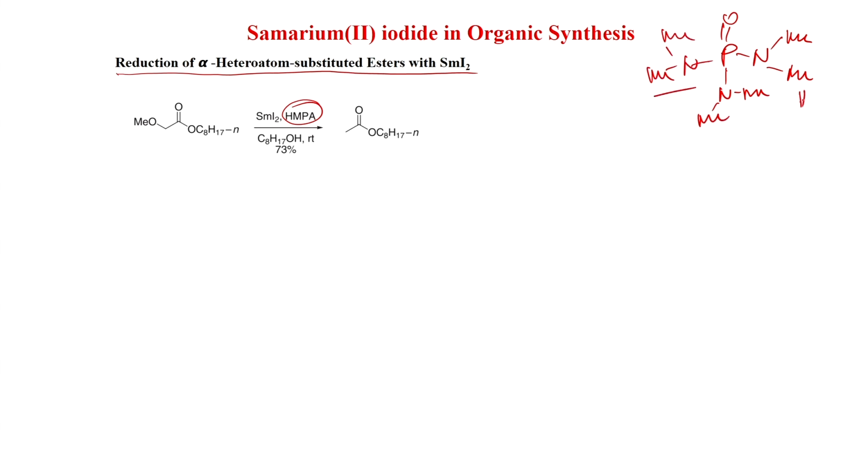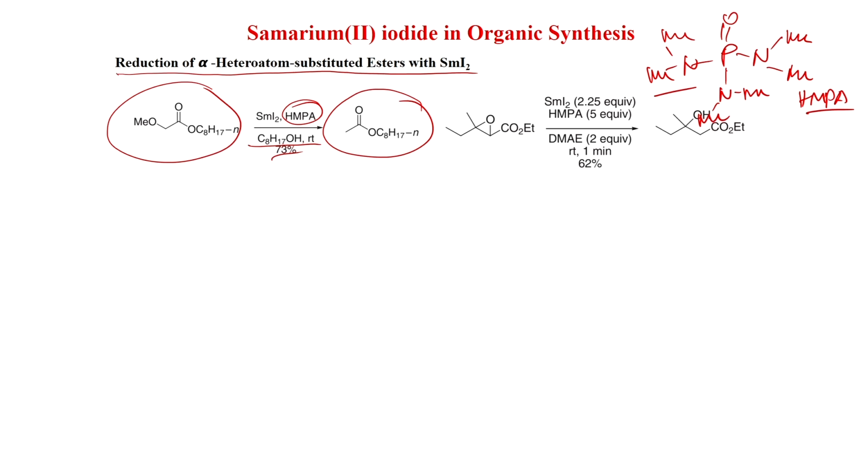So, this is HMPA, and you can see there is a methoxy group present, and with samarium iodide, HMPA, octyl alcohol, room temperature, you get 73% yield of this product. In this S star, there is no methoxy group. So, this is very important.